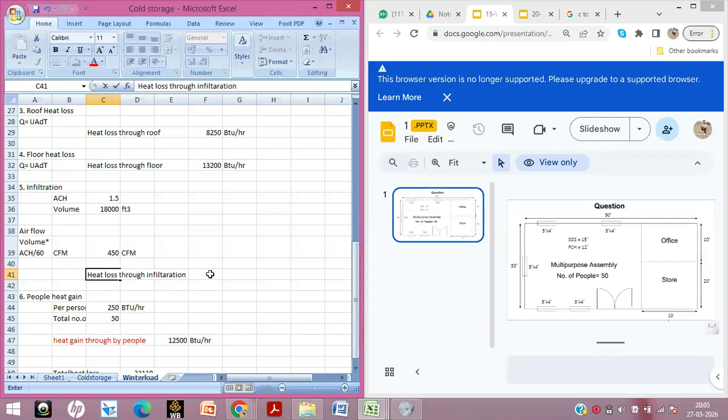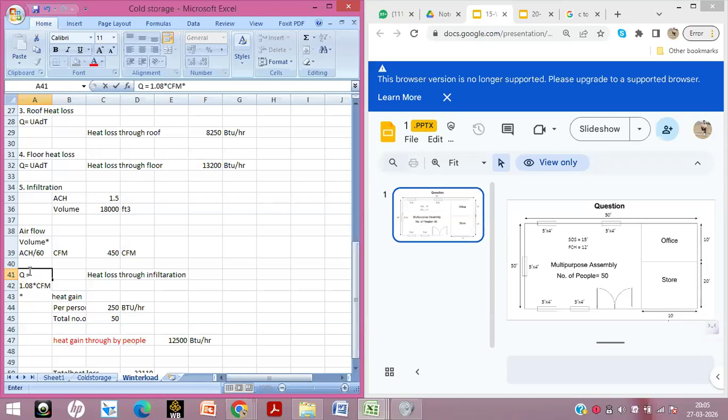Correlation will be like, so we have the correlation Q equals m cp delta t. Or we have, directly as a standard formula, 1.08 times CFM.